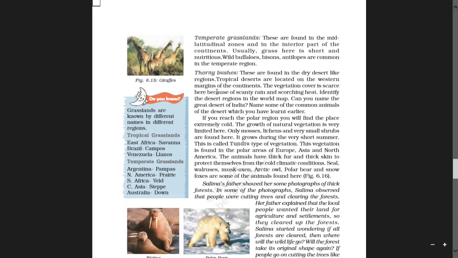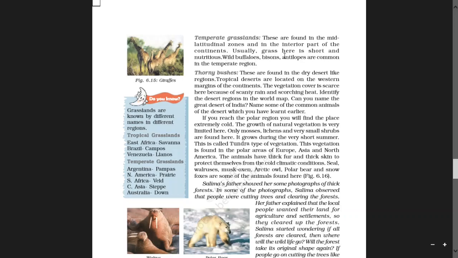Now temperate grasslands are found in the mid latitudinal zones and in the interior part of the continents. Usually the grass here is short and nutritious, short and full of nutrition.